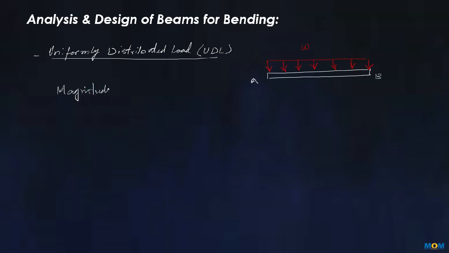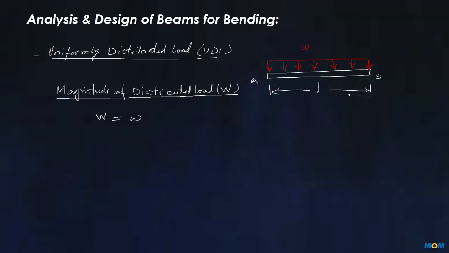Now in this case, the magnitude of the distributed load is denoted with this capital W. We can calculate this W is equal to omega, and let's say this is the length L, into L. Now this omega, units of omega is Newton per meter.